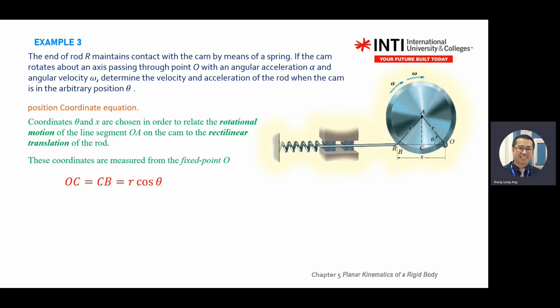So you can use a trigonometry relationship. OC will equal R cos theta. Make sense?